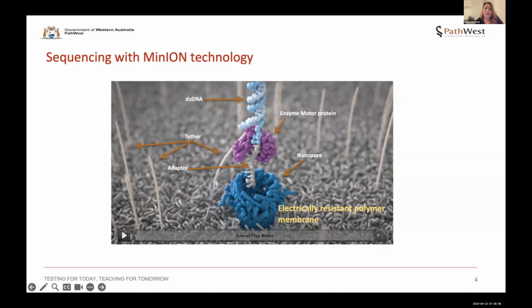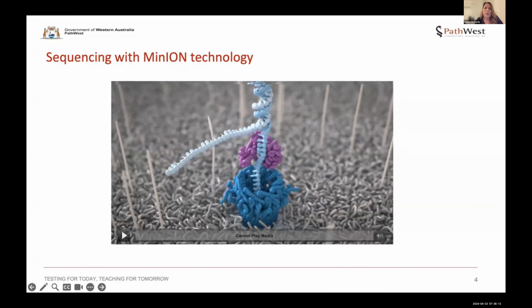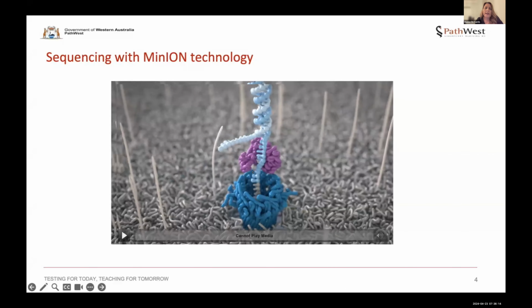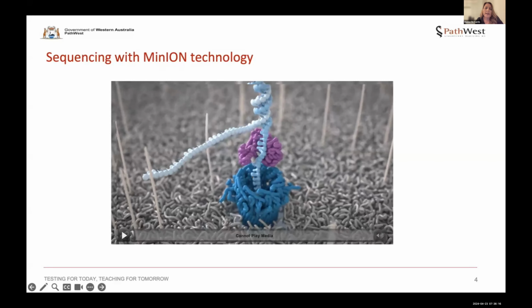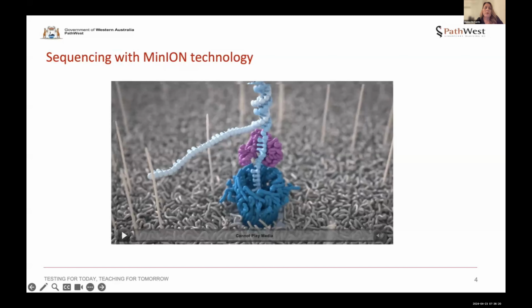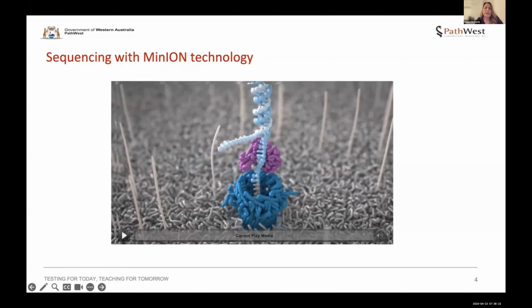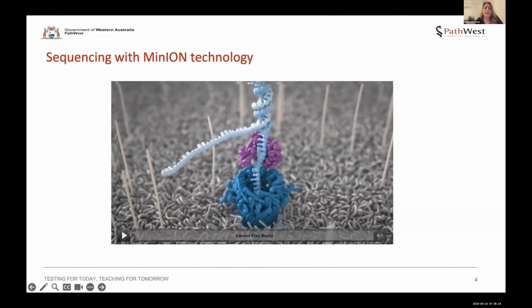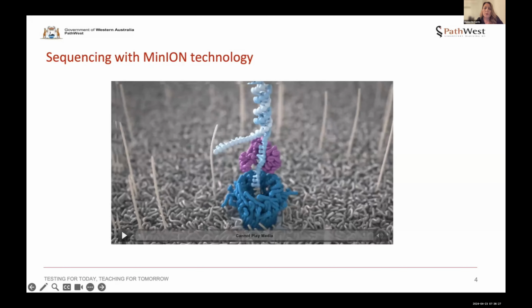We have these tethers that sit in the flow cell and this enzyme protein motor. And so how it works is the double-stranded DNA, there's an adapter that's ligated to the DNA strand, and that's bound to this enzyme motor protein. And this protein essentially unzips the double-stranded DNA and pulls it out through the nanopore.